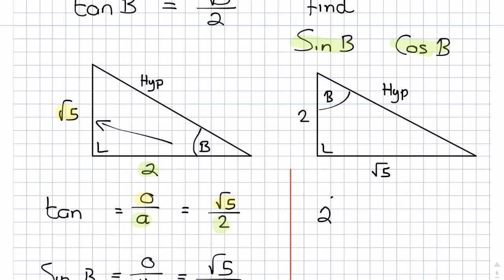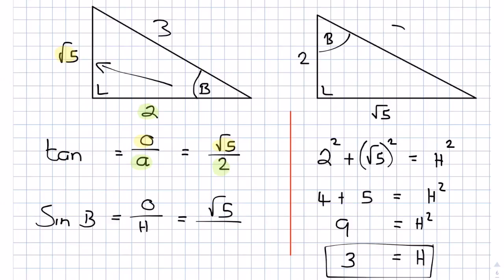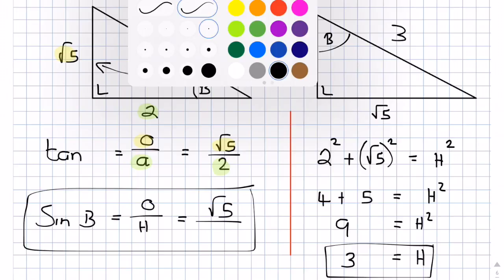We know that 2 squared plus root 5 squared should give me the hypotenuse squared. That means 4 plus 5 will give me the hypotenuse squared. 9 is the hypotenuse squared. Get the square root of both sides and we have hypotenuse is 3. So we can fill that in, it's 3. So sine is opposite over hypotenuse, so it's going to be root 5 over 3.